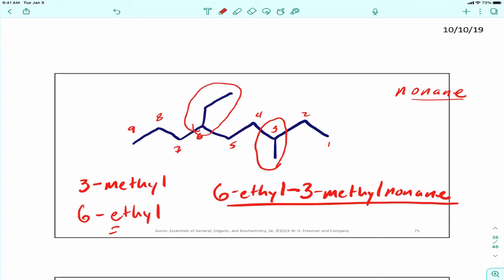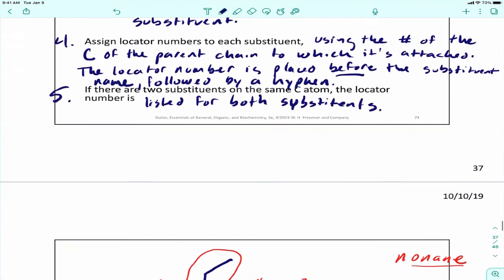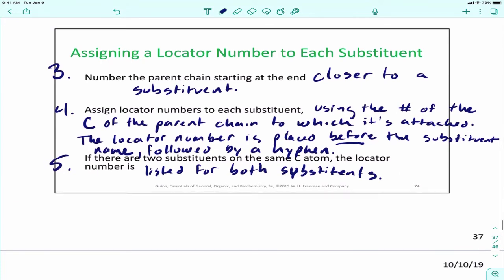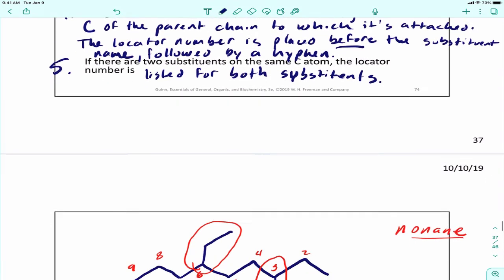Okay, so there are a couple more rules. Let's knock those out. The last three rules that we talked about: we number the parent chain closer to the end of a substituent, we assign locator numbers to each substituent, and if there are two substituents on the same carbon atom, you list the locator for both.